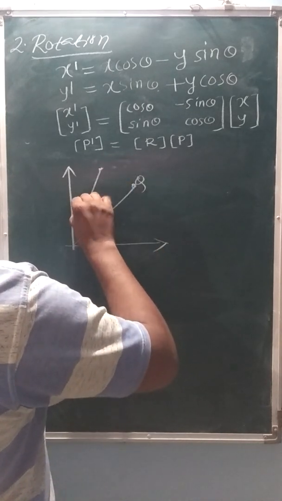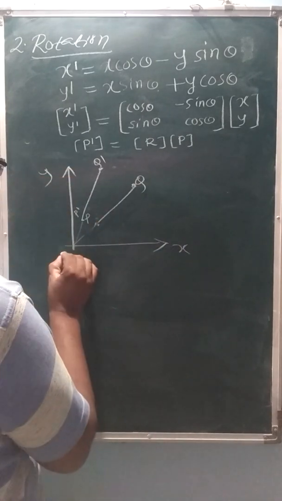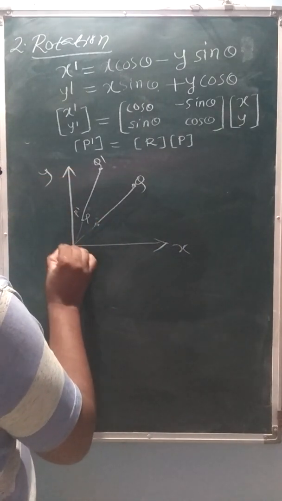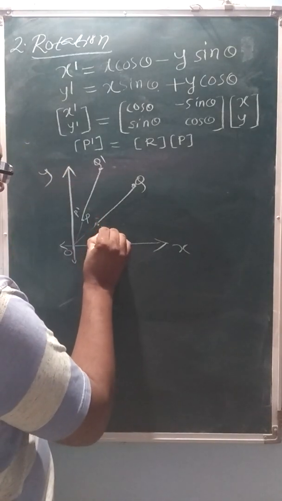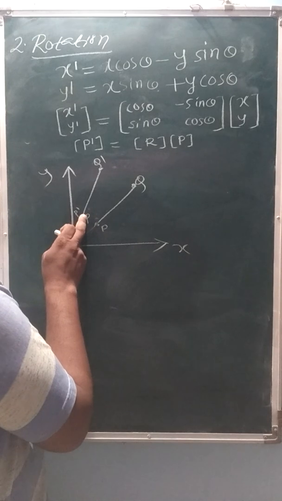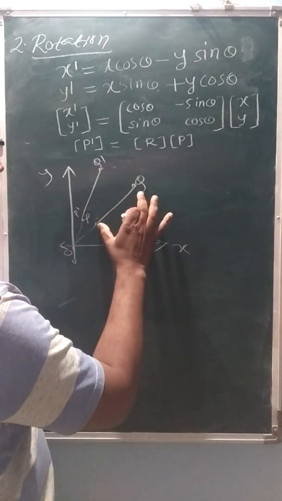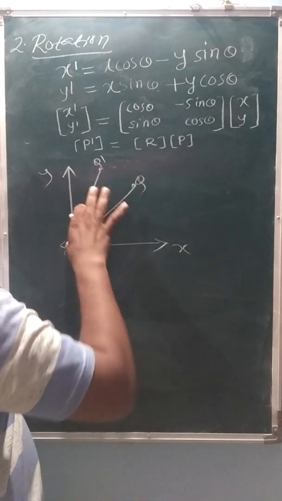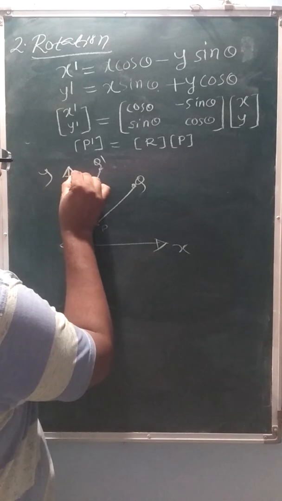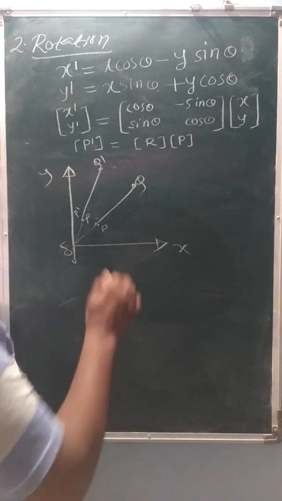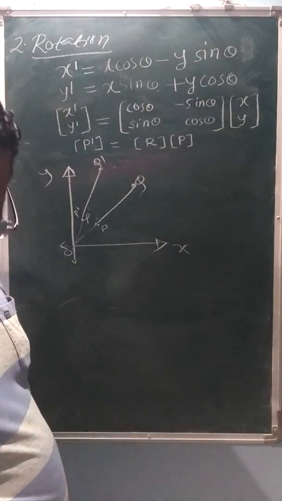So this will be your P dash and Q dash. You are rotating point P to P dash, and Q to Q dash, which means you are rotating the entire entity about the origin. You can rotate all the points of this geometric entity.